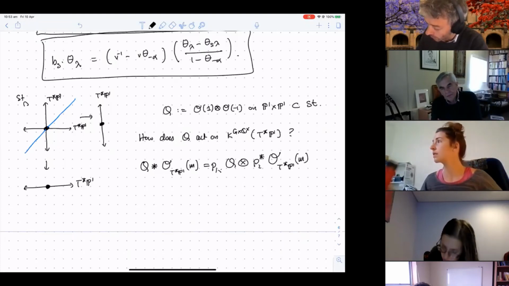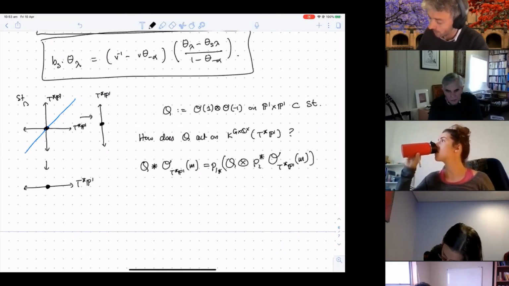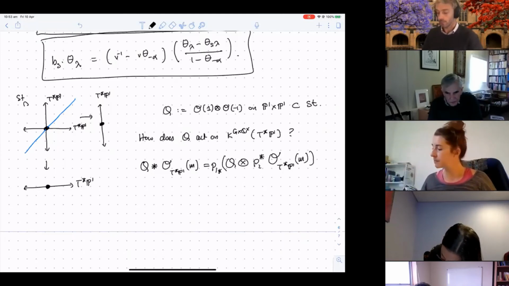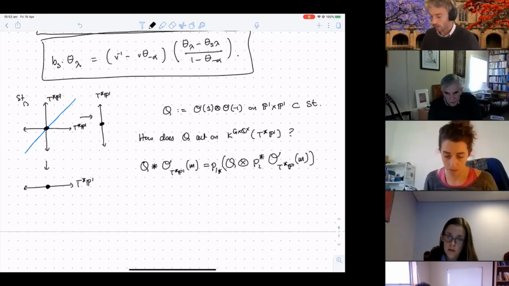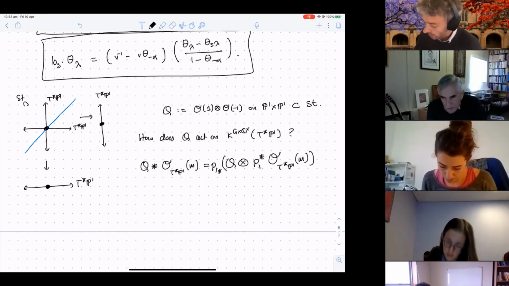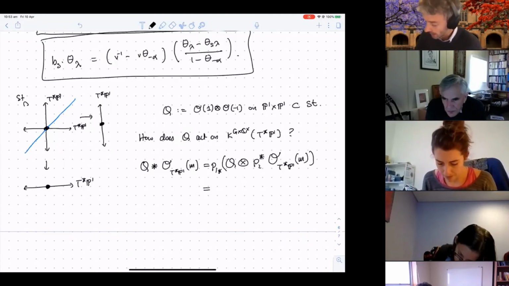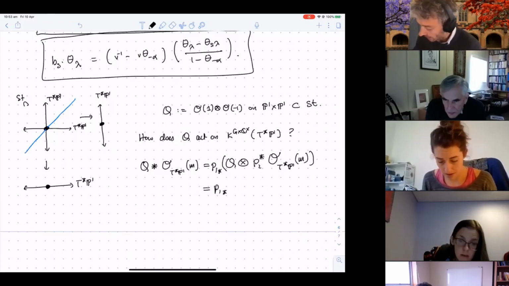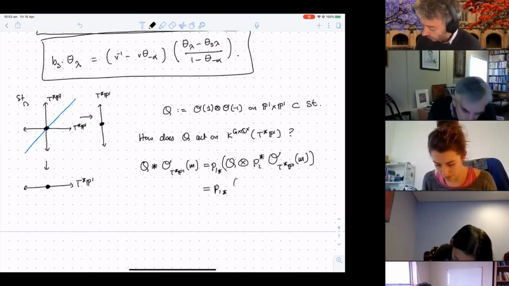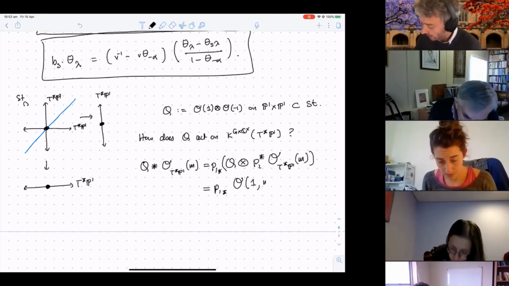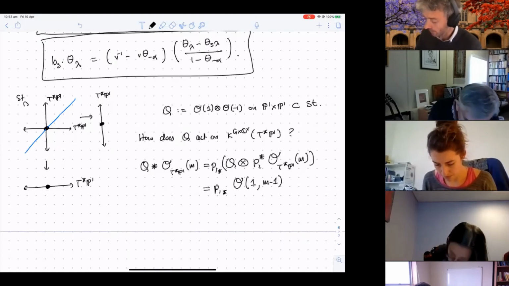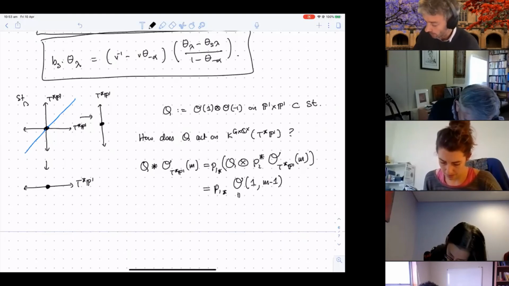And then we push forward. So what we're doing is we're pushing forward O of 1, M minus 1, on P1 times P1.